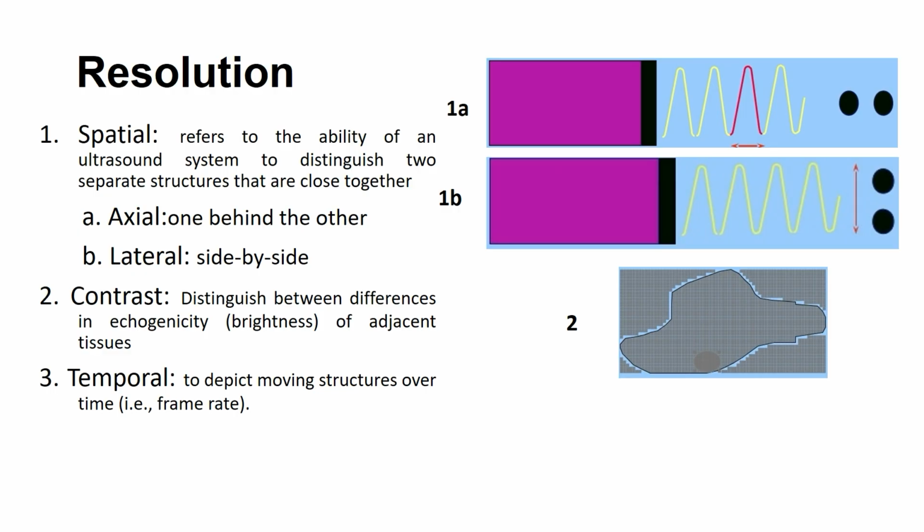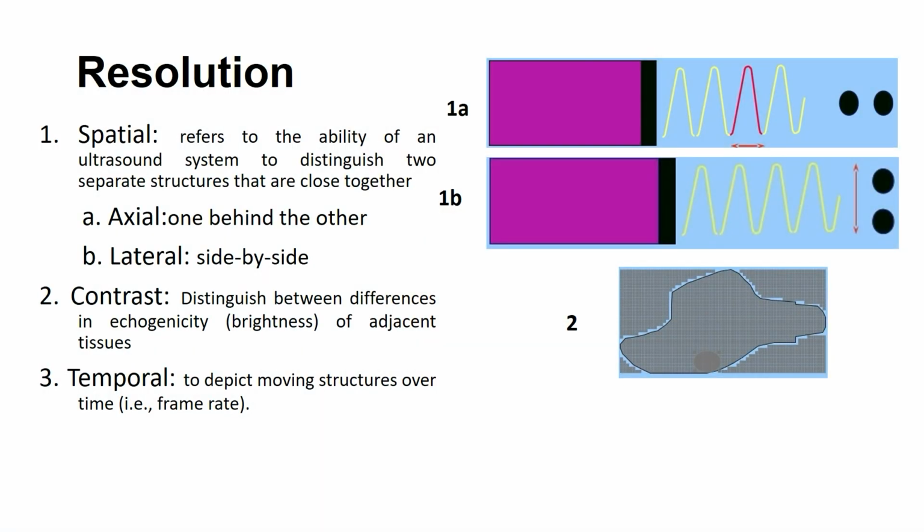Spatial resolution in ultrasonography refers to the ability of an ultrasound system to distinguish two separate structures that are close together. If the structures are one behind the other, it is called spatial axial resolution.